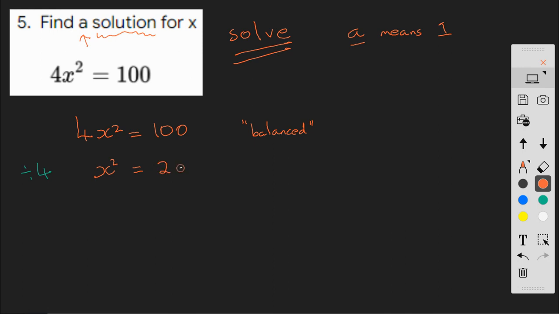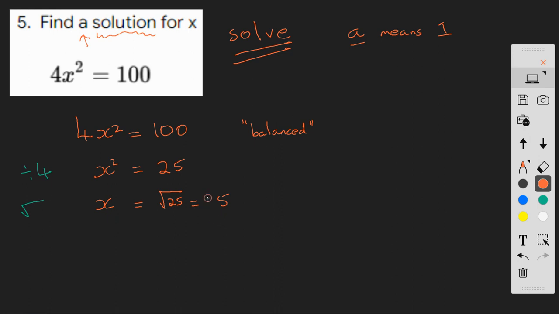100 divided by 4 is 25. Once we know that the square of something is 25, the operation we're going to do to both sides is to take the square root of both sides. And the square root of x squared is indeed x. And the square root of 25 is 5.